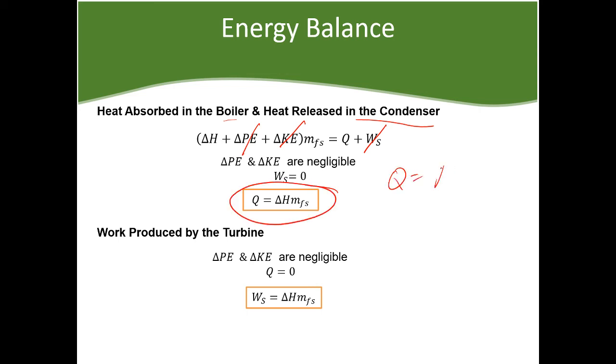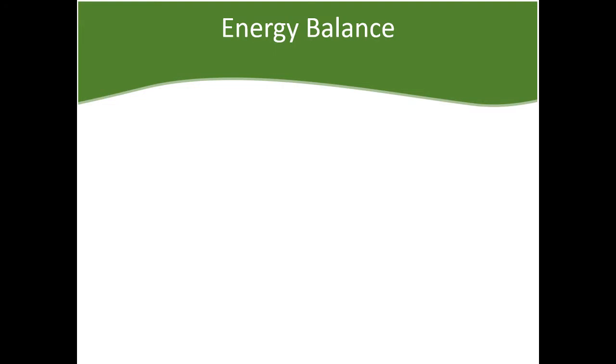Q is just the delta H times mass of flowing stream. Now, if we do an energy balance in the turbine, wala din tayong delta PE and KE, Q is 0. This is our working equation sa turbine, which is solve na natin ito doon sa previous steady state devices, diba? Yan yung working equation for the turbine.